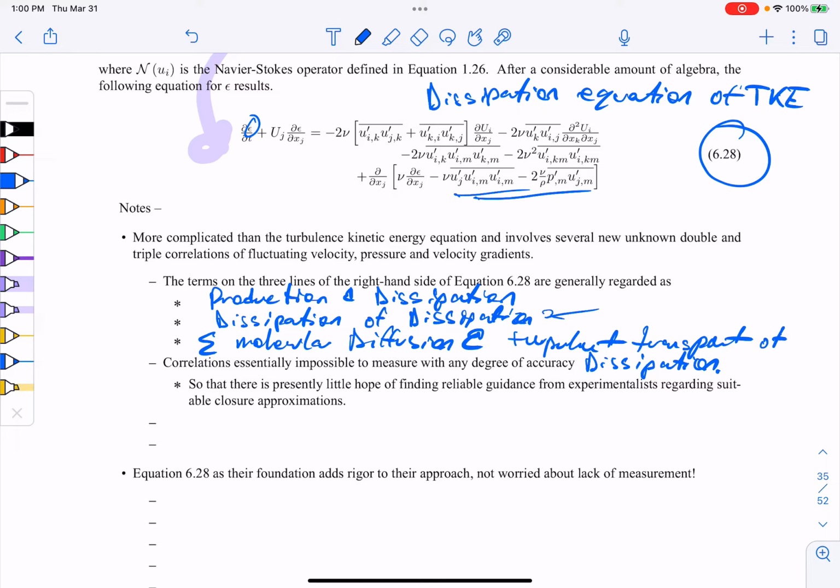So that's a monumental task, and it's pretty difficult, but thankfully today, to study these things and find what all these correlations can actually look like, you can always do DNS. That's one trick. So a lot of people are doing DNS research today, but it's at low Reynolds number because our computers aren't large enough to actually calculate all these terms and find better correlations. Or you might combine that with machine learning.